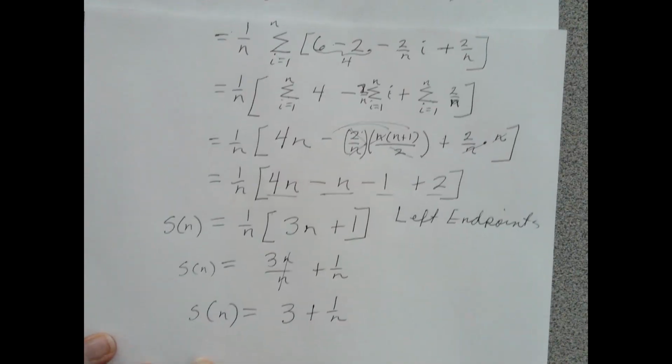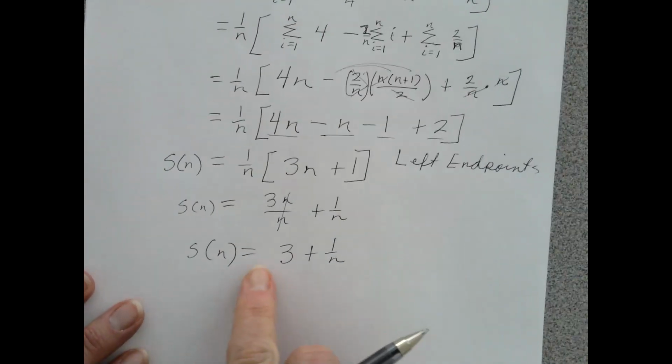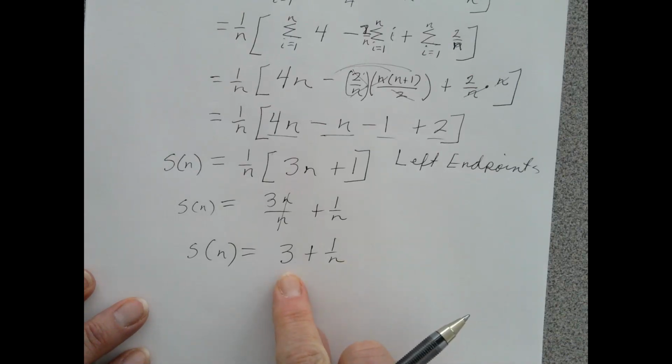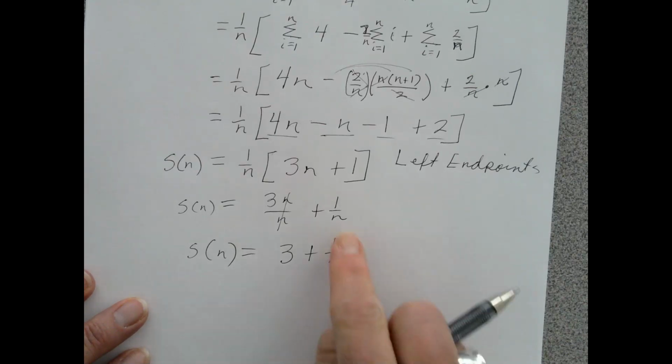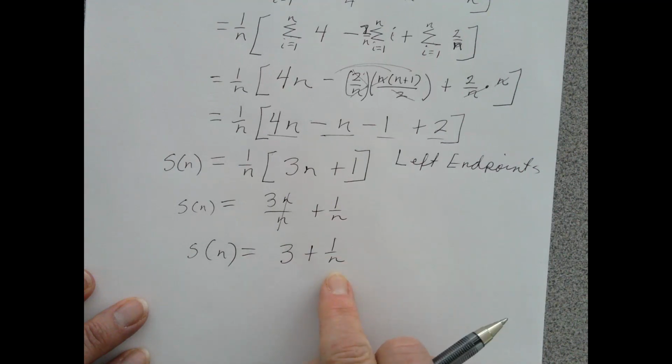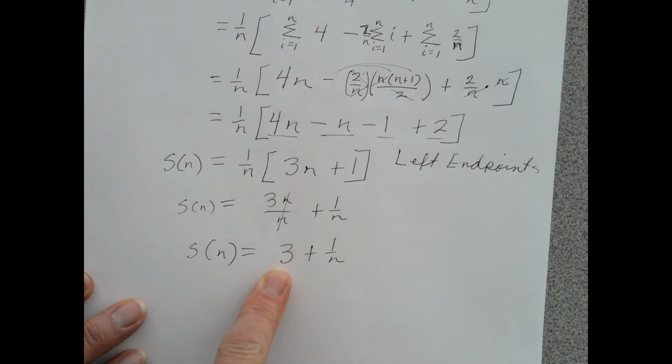So let me ask you a question on this. If I were to take the limit of this, as I let n, the number of rectangles, go to infinity, what happens to the 1 over n? It goes away, so that area underneath is 3. Okay, so that's where we're going with that.